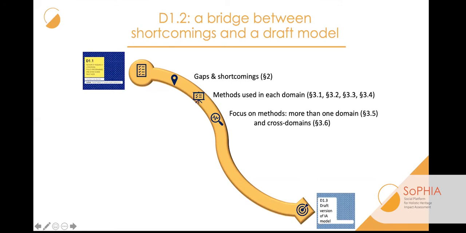In the document, you find a detailed description of these methods, with a focus on those most widely used for each domain in the first paragraph. And then we also focused on the methods that can be considered cross-domain, that embrace more than one domain. We also tried to analyze these in more detail.